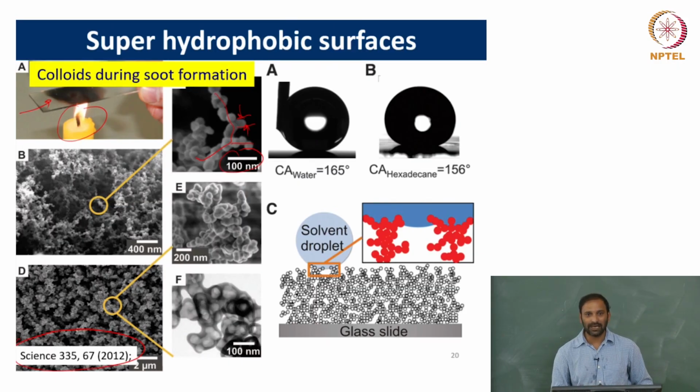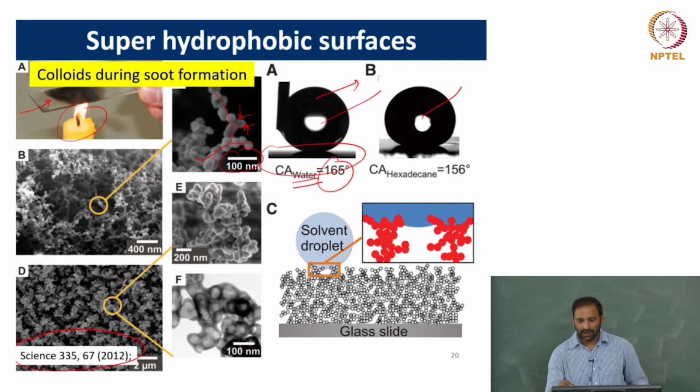So you have colloidal scale particles deposited on a substrate, and that gives you a contact angle of 165 degrees, which is an example of a super hydrophobic surface, very close to 180. Not only for water, I can create surfaces which have a contact angle of 165 also for hexadecane, which is an oil.